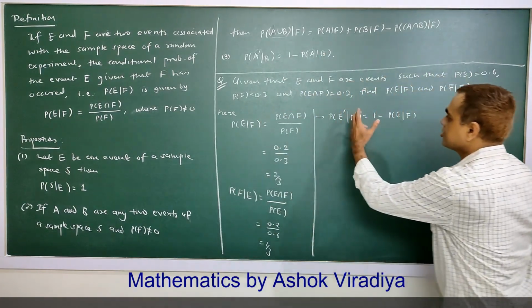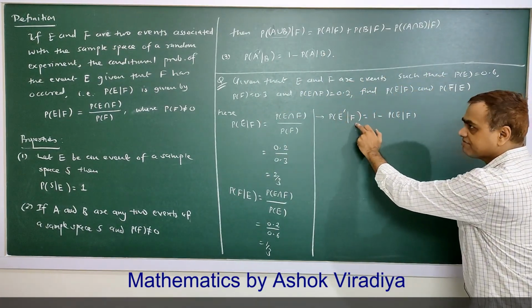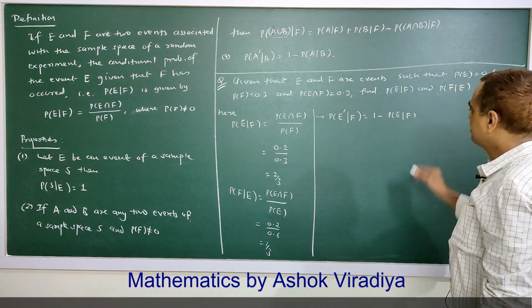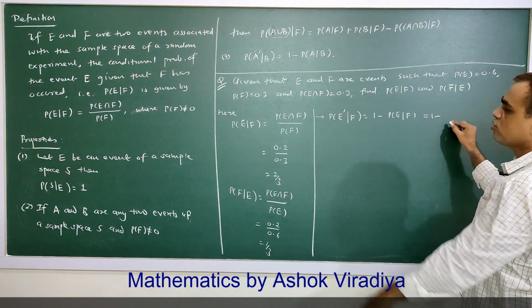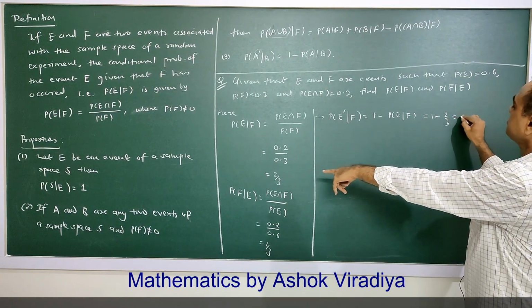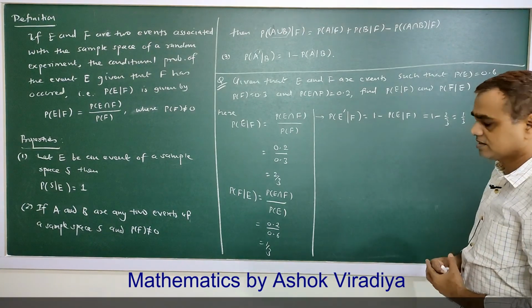So P of E dash given F is 1 minus P of E given F, which is already calculated as 2 by 3. So it is 1 by 3.